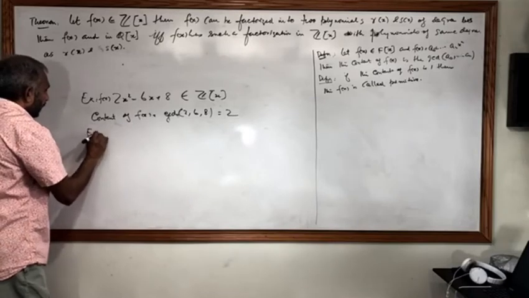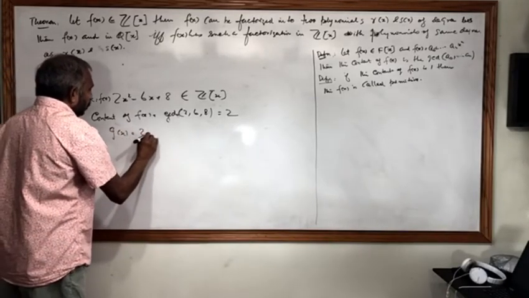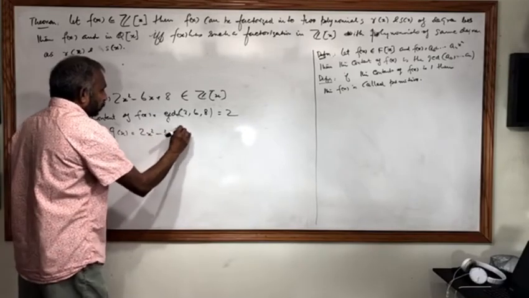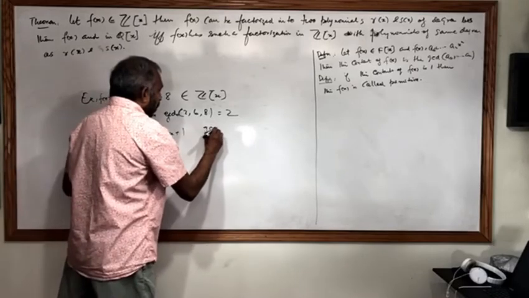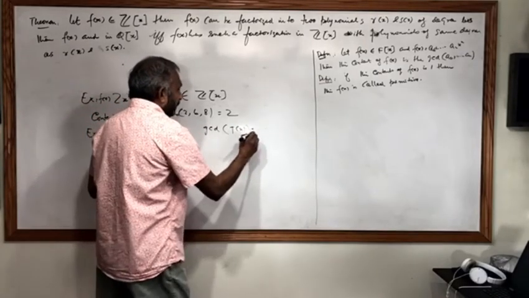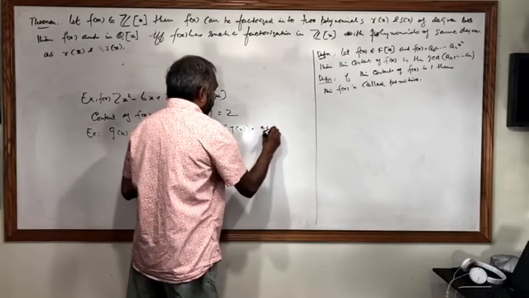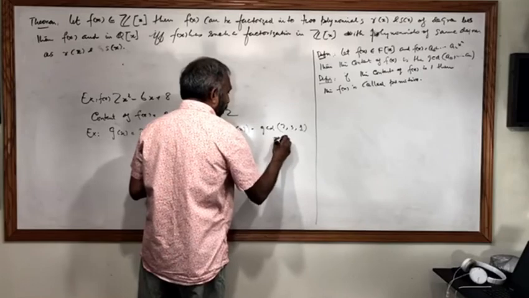If you take another example, g(x) equal to 2x² − 3x + 1, the GCD of 2, 3 and 1 is 1.